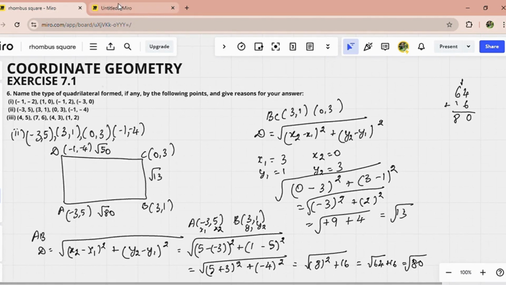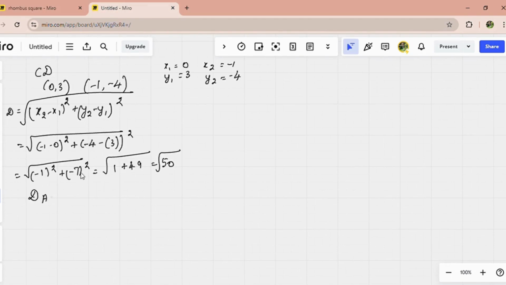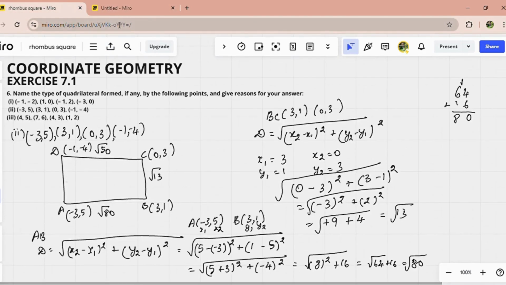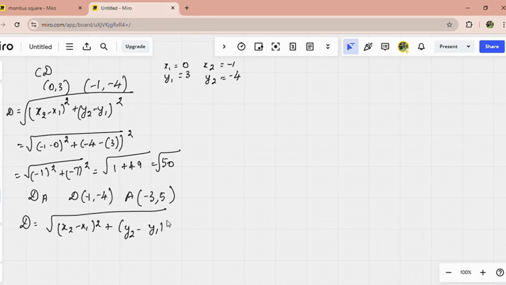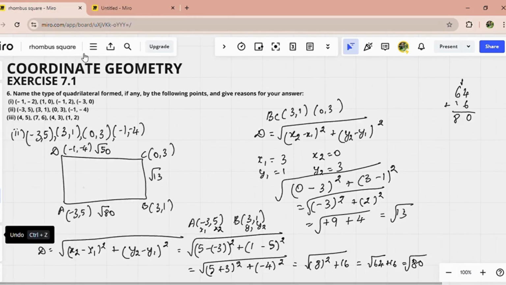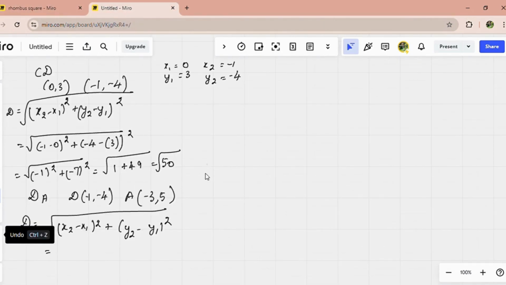Now DA. D is minus 1, minus 4, and A is minus 3, 5. Substituting in D equals root of (x2 minus x1) square plus (y2 minus y1) square, with x1 equals minus 1, y1 equals minus 4, x2 equals minus 3, y2 equals 5.